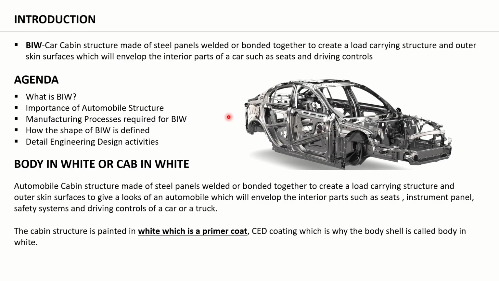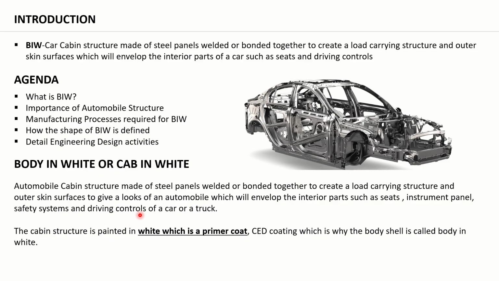You can see in this image, this is nothing but a car cabin BIW. BIW is an automobile cabin structure made up of steel panels welded or bolted together to create a load carrying structure and outer skin surfaces to give the look of an automobile, which will envelop the interior parts such as seats, instrument panel, safety system and driving controls of the car or a truck.